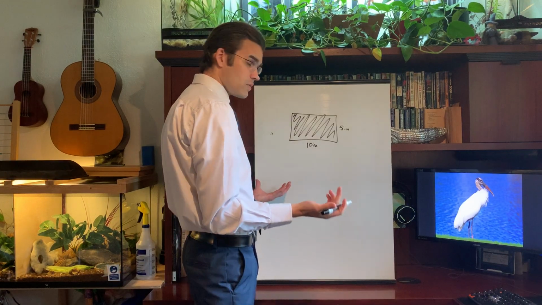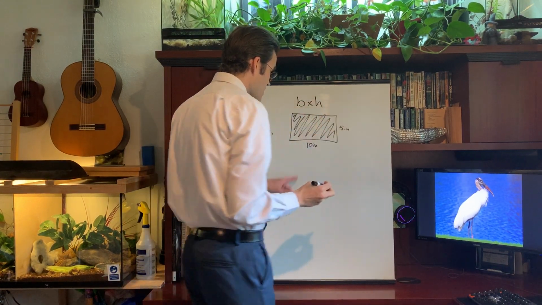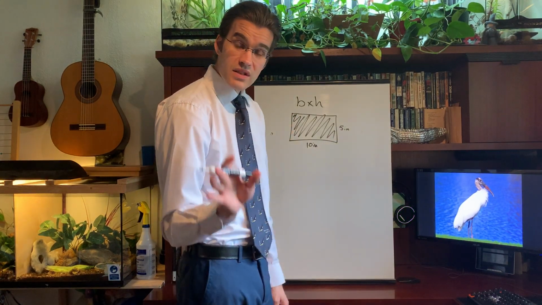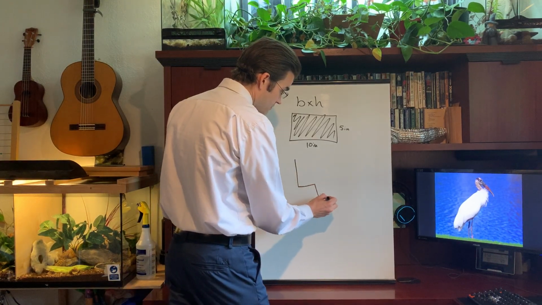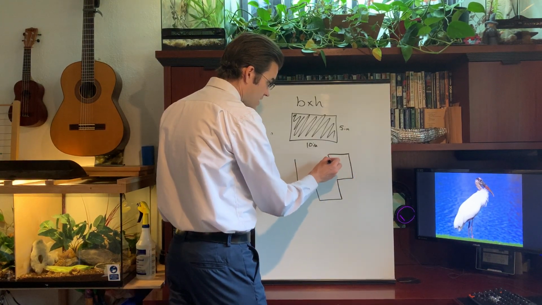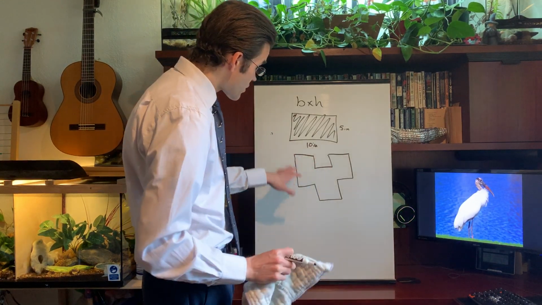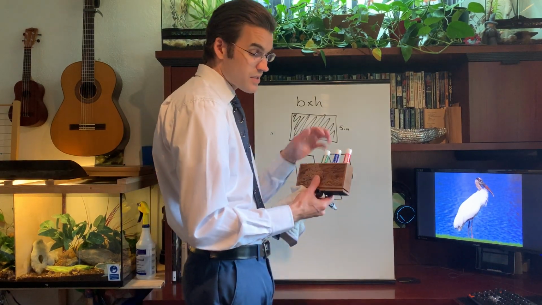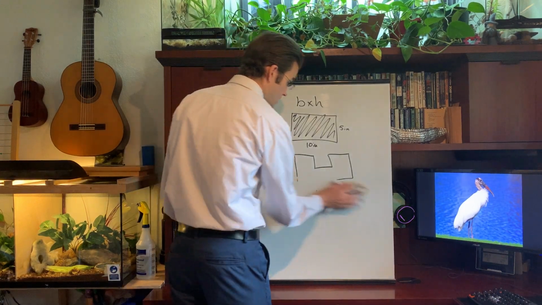So base times height, 10 times 5 is 50. I want you to practice though. It's good practice, especially if you can make yourself some more complex shapes like this. Make up your own measurements and find the area. You can also go around your house and measure things and find the area. So fourth graders, work on that.